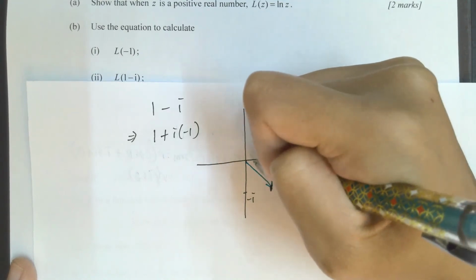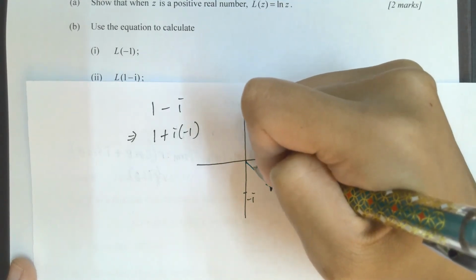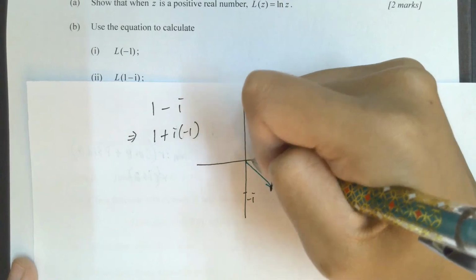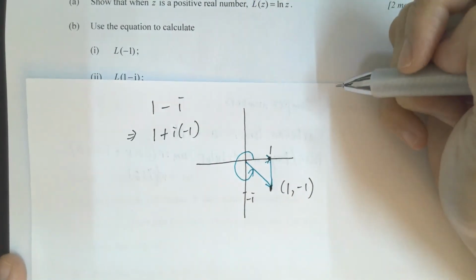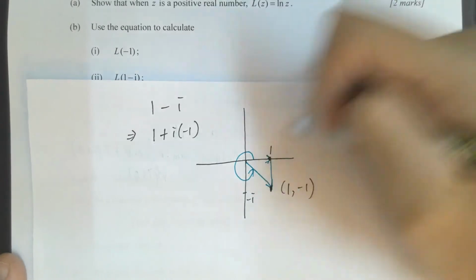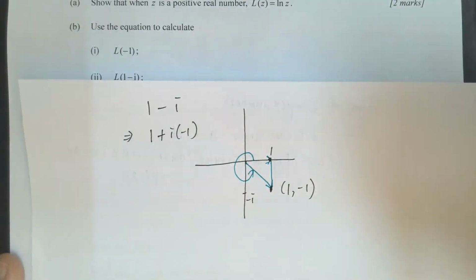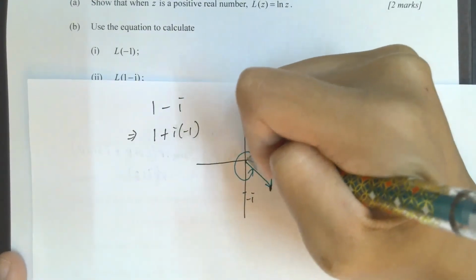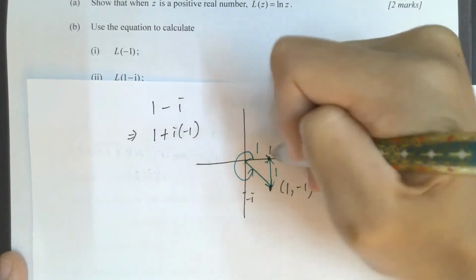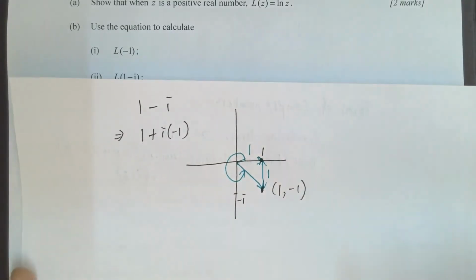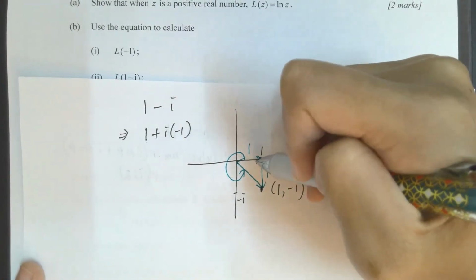So we're looking at the angle over here, because the angle restriction is from 0 to 2 pi. So this part is going to be 1, and this part is going to be 1. So in effect, we're looking at a triangle with sides 1 and 1, and here's 90 degrees.